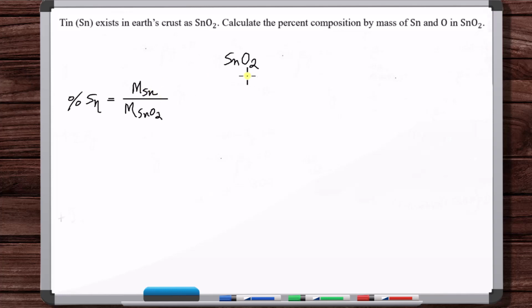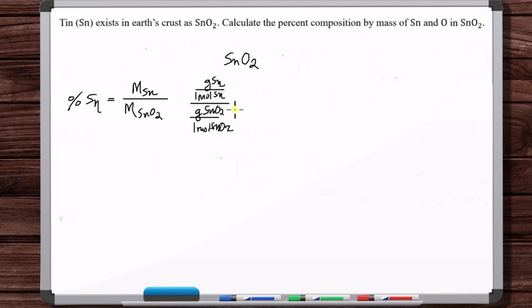And you can think about this. What you have is grams of tin per mole of tin for 1 mole, over grams of SnO2 per 1 mole.